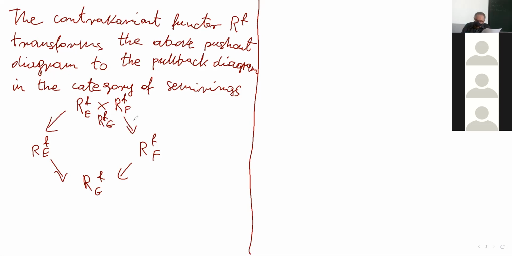Well, here are just these pre-image maps, so F inverse and G inverse. And here are the canonical maps. Let me denote them as pi E and pi F for brevity.